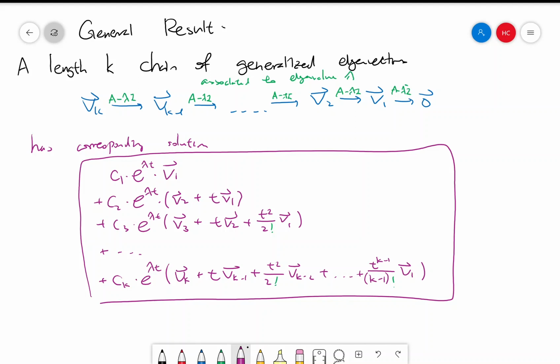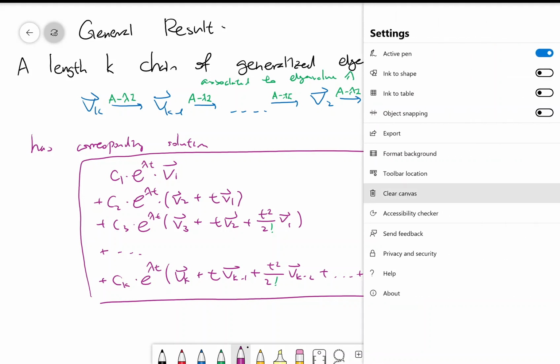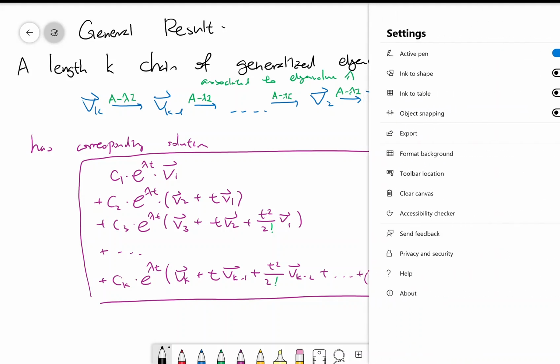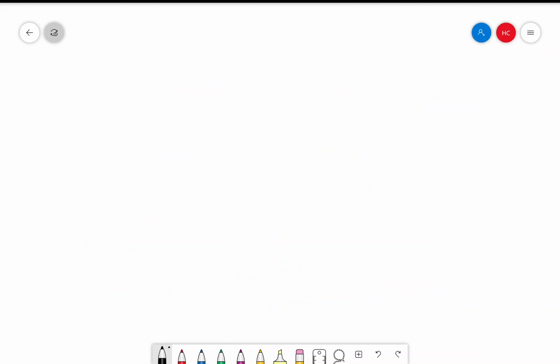Alright, so let's do an example, not regarding this, but let's do a 4x4 example. So let's consider x prime equals the matrix with rows 1, 3, 7, 0; 0, negative 1, negative 4, 0; 0, 1, 3, 0; 0, negative 6, negative 14, 1, times x.